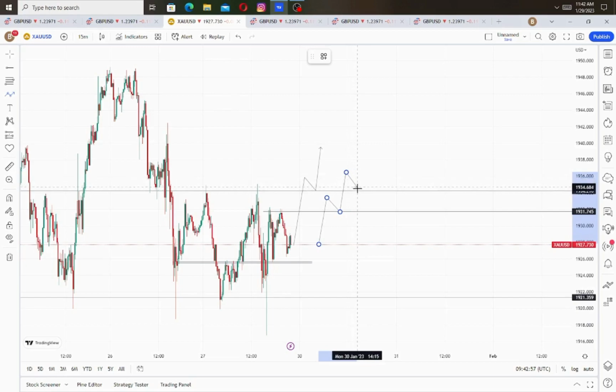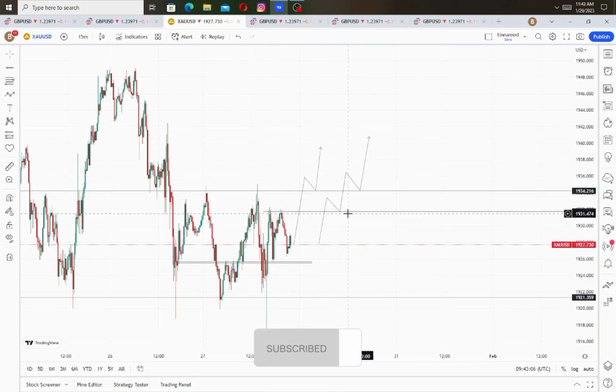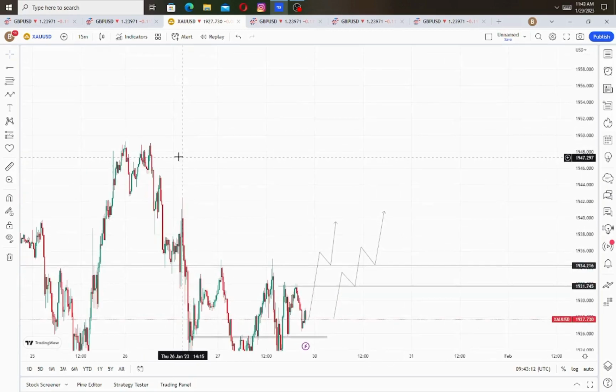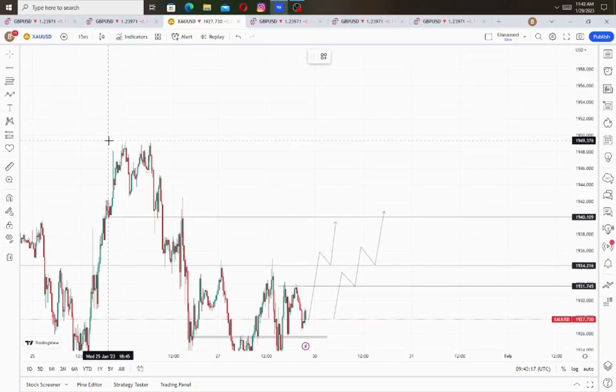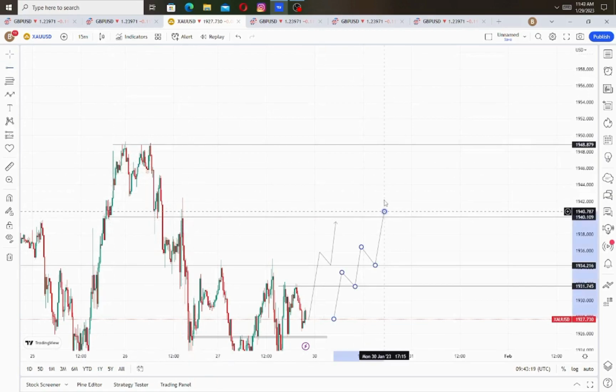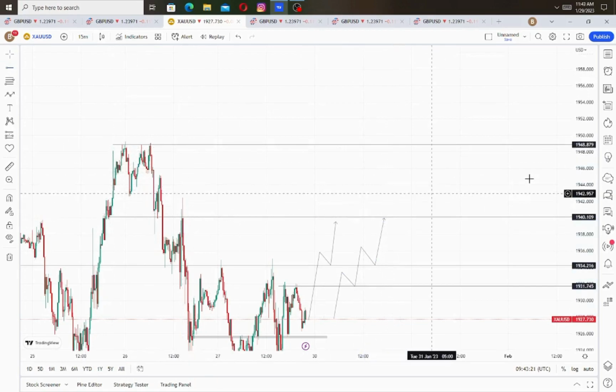Or if it doesn't go all the way up, maybe come back a bit, give you that retest of this area, and just do something like this. And usually if it gives you that higher high, higher low, put your stop loss around here. Then if it breaks out here, it gives you that higher high and higher low again, put your stop loss around here. And for it to go all the way up, TP1 would be maybe this area right here, TP2 would be this area right here.